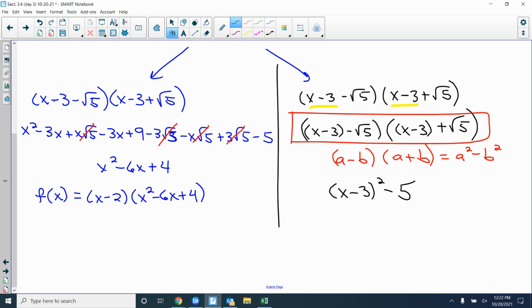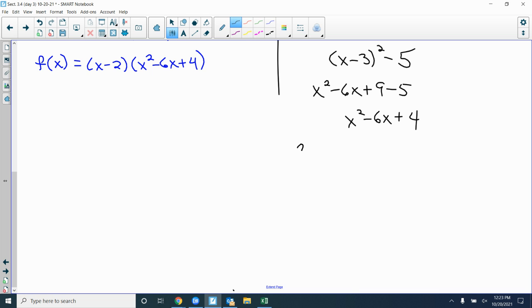And so that gives me x squared minus 6x plus 9 minus 5. I still get the same thing. And so I'm still going to end up with f of x equals x minus 2 times x squared minus 6x plus 4.